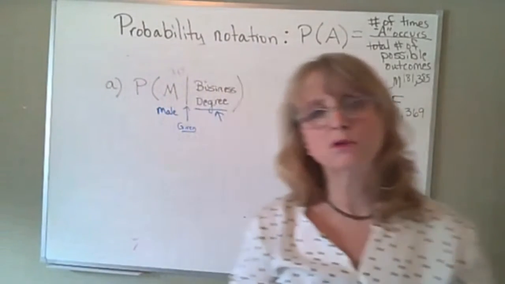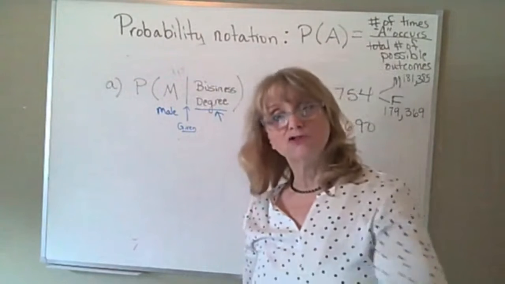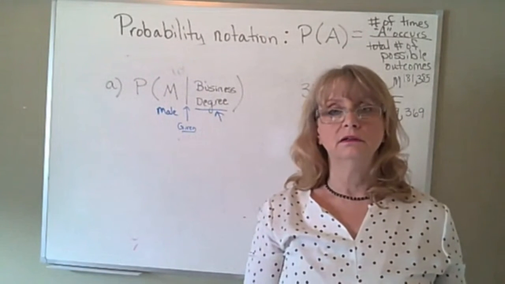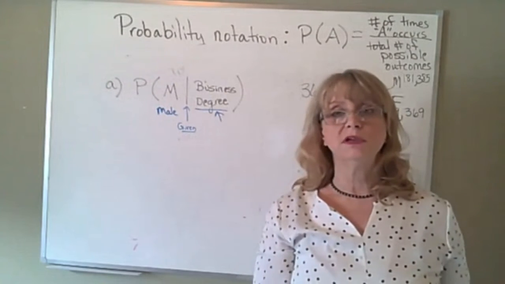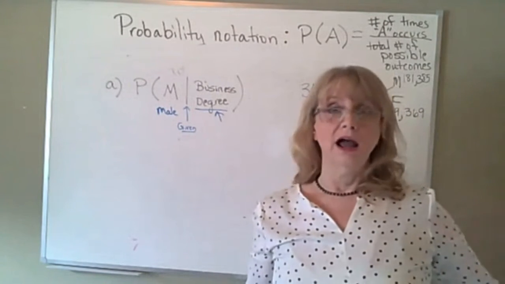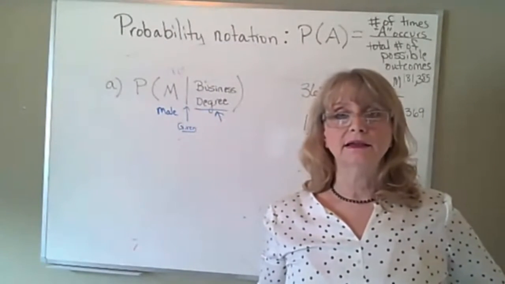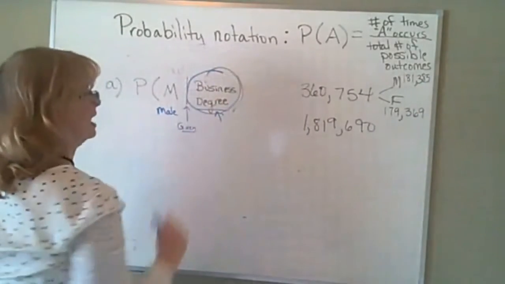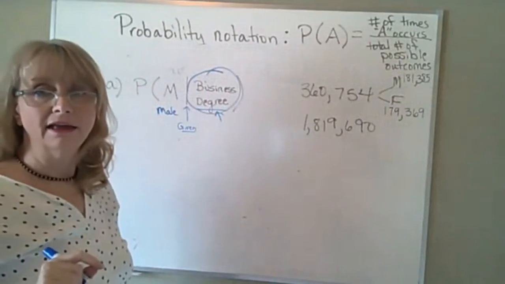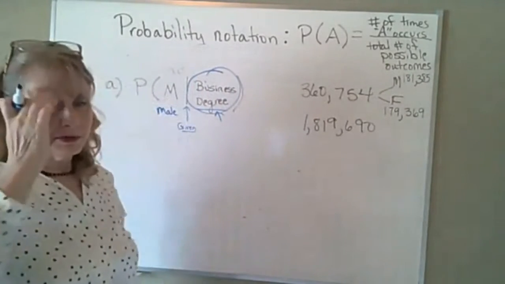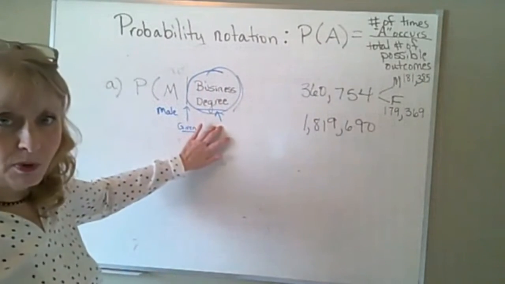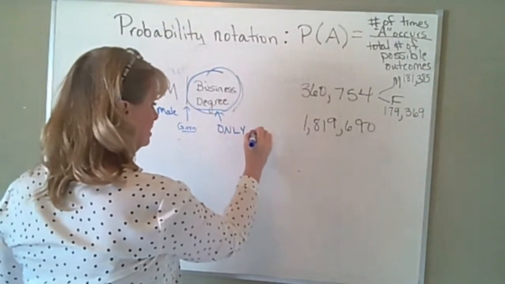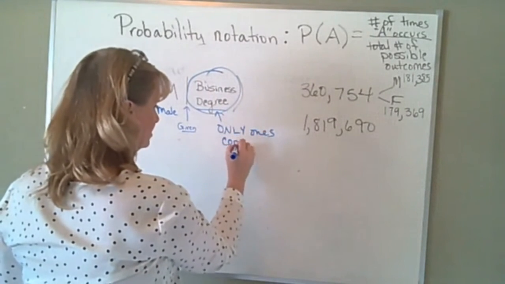Do you remember on that last one we did, we said we'd already drawn a queen? And that narrowed your sample space to 51. So you didn't use 52 because you already knew a queen was drawn, a card had been drawn and not put back. In this case, our condition is a business degree. We already know that. That reduces the sample space. These are the only people we're going to consider.